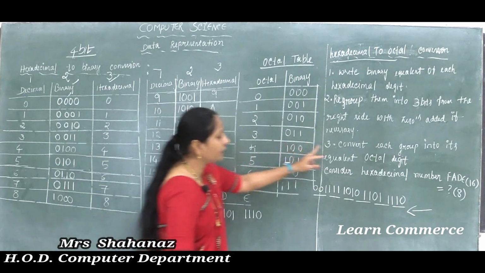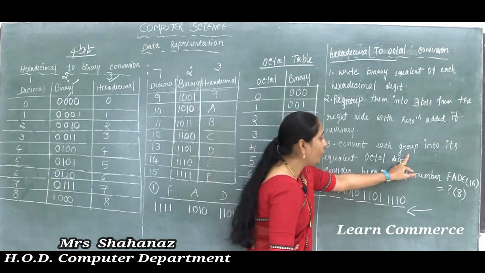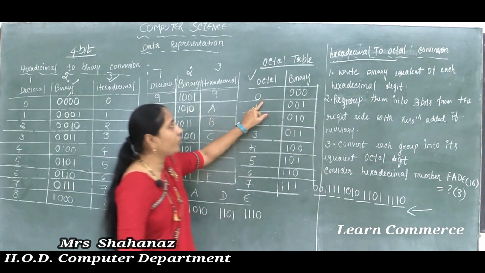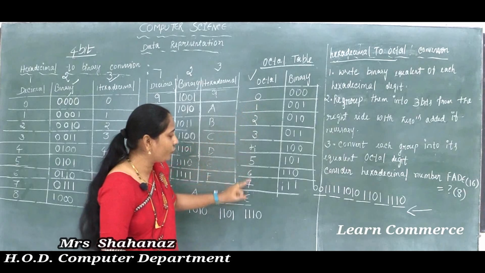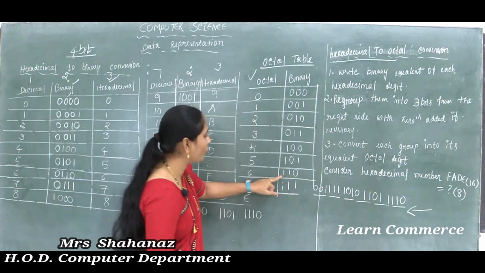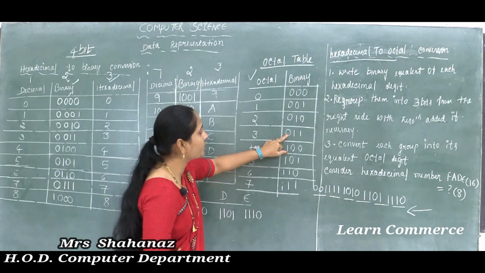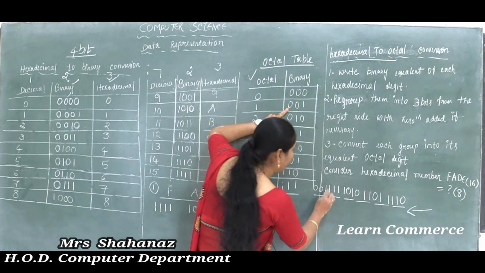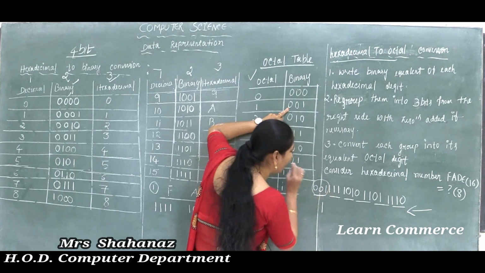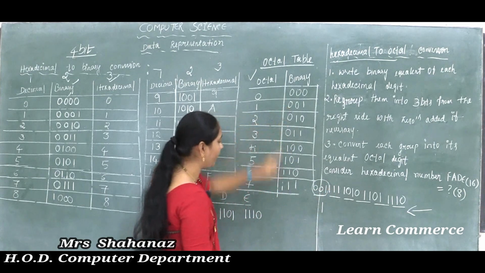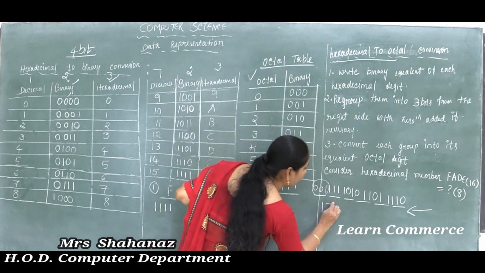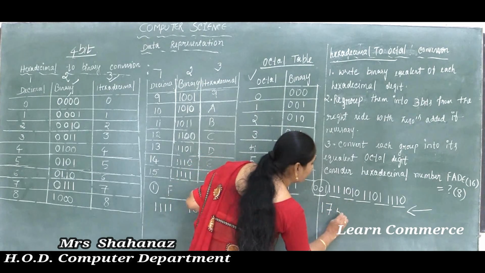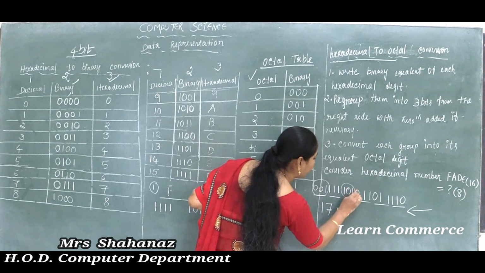So the third step: convert each group into its equivalent octal digit. That means we need to use the octal digit table also. First, 001 has the value 1. We completed this value. Next, 111, the value is 7. 101, the value is 5.